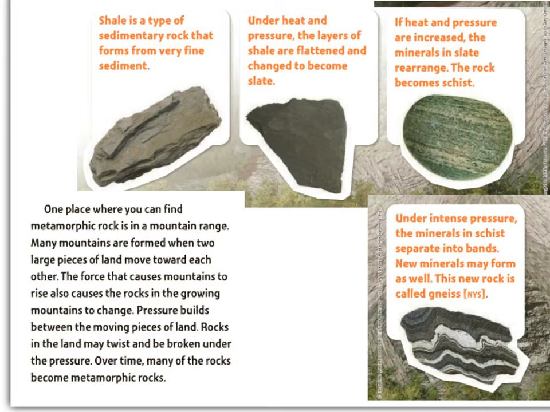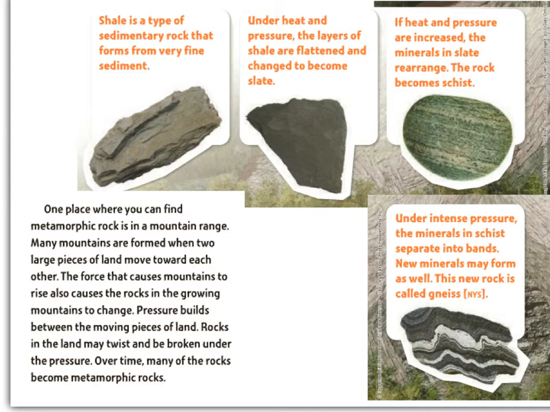Here we can see some pictures. Shale is a sedimentary rock. Under heat and pressure, shale is flattened and it becomes slate. Over time, if that heat and pressure are increased, it will change again and become schist.